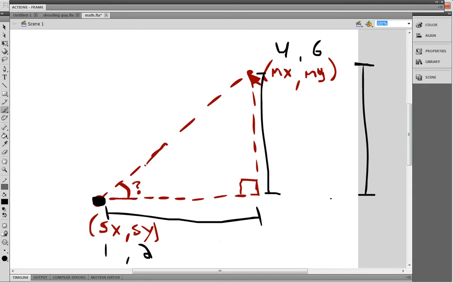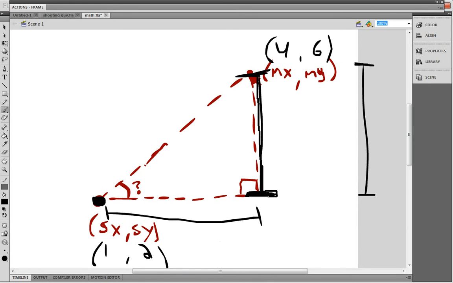If we are in a Cartesian plane, and this point is at 1, 2, and this one at 4, 6, how do we get from there to there? What's the length of this side?